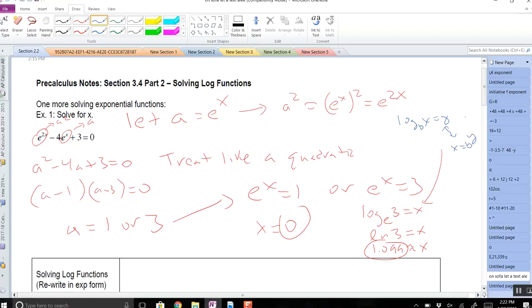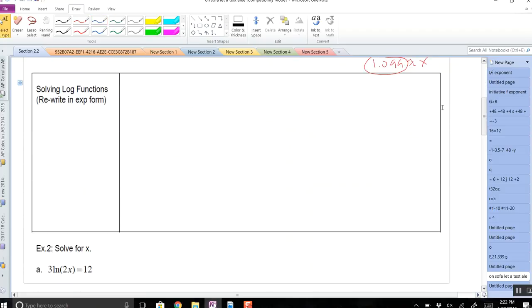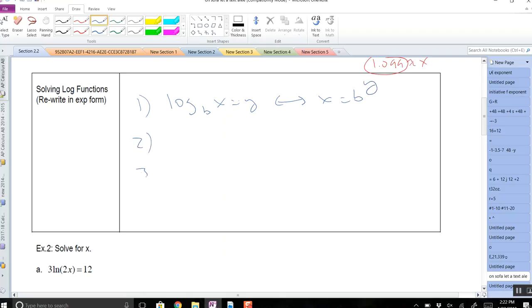So that's stuff we've talked about. Okay, moving right along. So we do have some strategies when it comes to solving log functions. You definitely want to use this property, which I just wrote about a few seconds ago. Also, you may want to consider using the product property, which was from section 3.3.